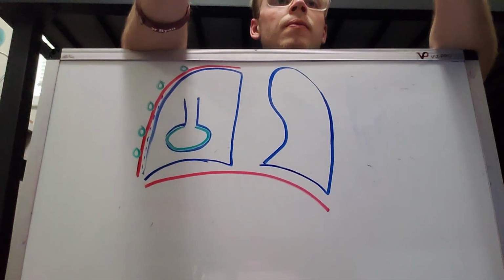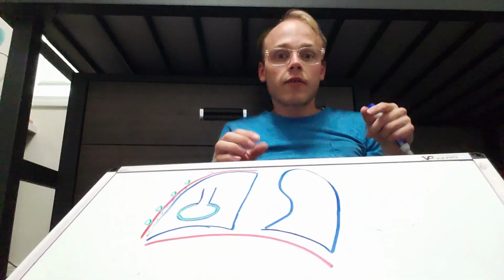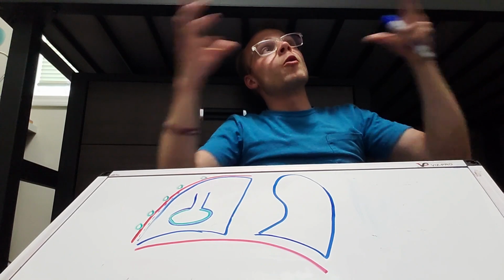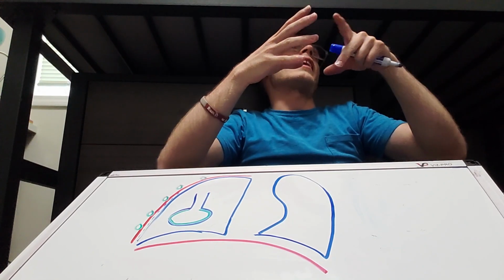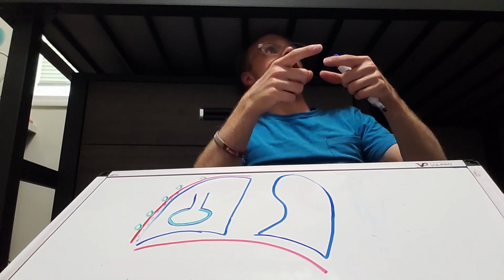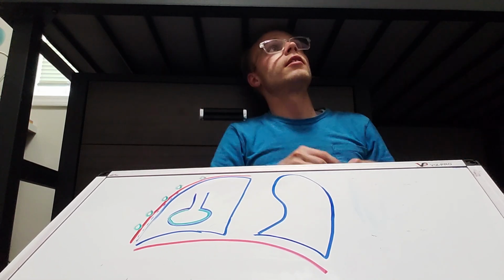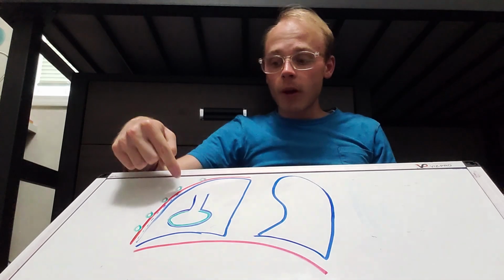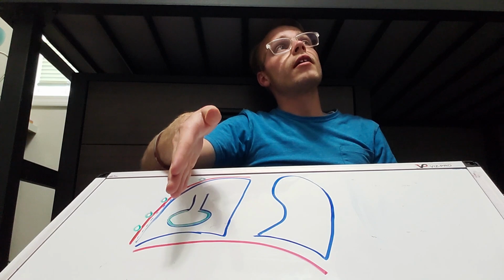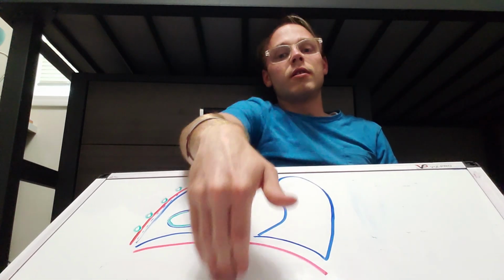Because your lungs, I like to think of them in terms of a rubber band. You stretch them and they go back. That's what we call elastance. So think of it like an elastic. You stretch it, it goes back. That's your lungs. But the problem is I have them here and they want to go in, but they can't. The only way that they change is if I go down.